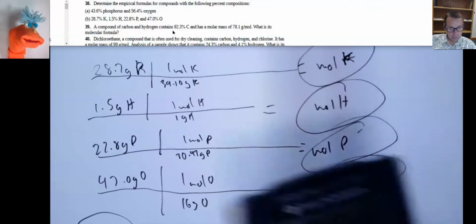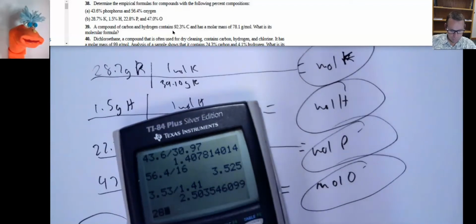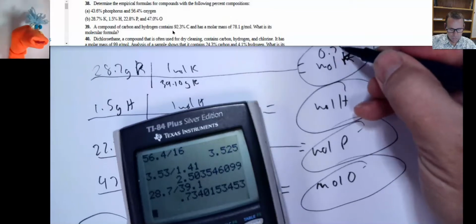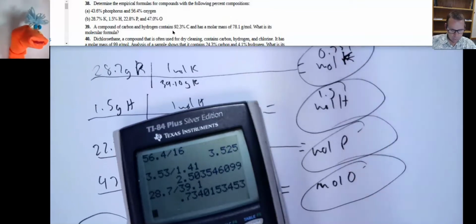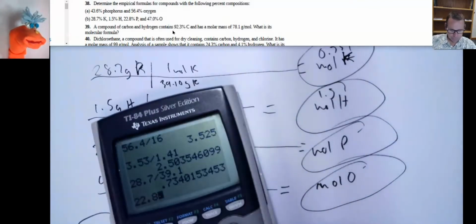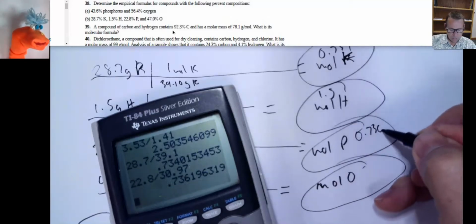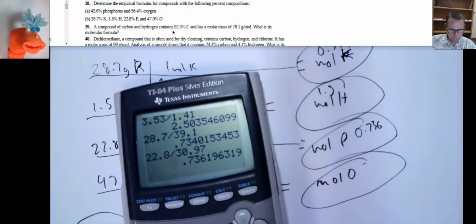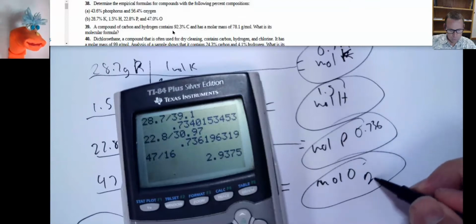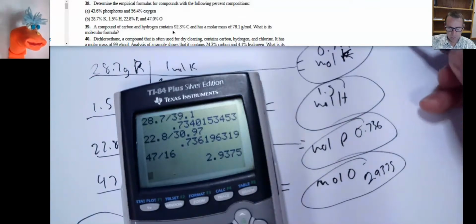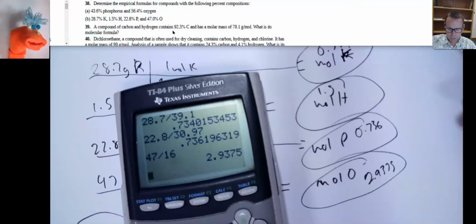So 28.7 divided by 39.1 is 0.734, 1.5 there, 22.8 divided by 30.97 is 0.736, and then 47 divided by 16 is 2.9375.